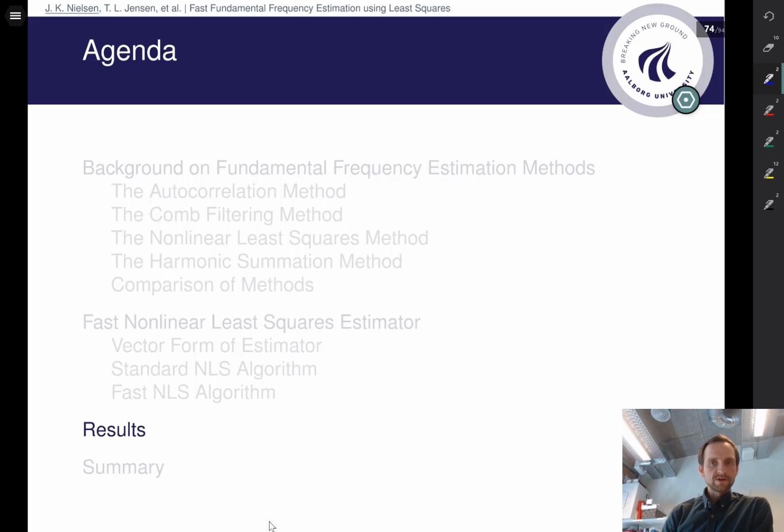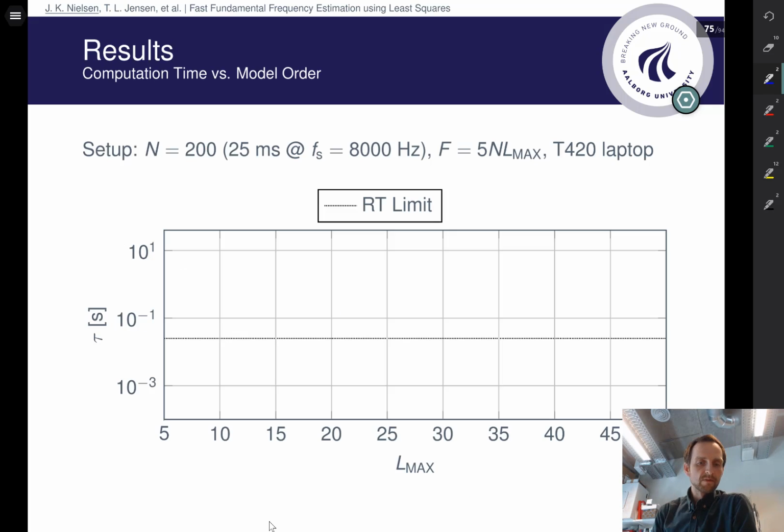Then let's look at some results. The focus of this contribution has really been to bring down the computational complexity, so this section will also focus on how much we in fact reduced the computation time. In this setup we have 200 samples, which corresponds to 25 milliseconds at 8 kilohertz sample frequency.